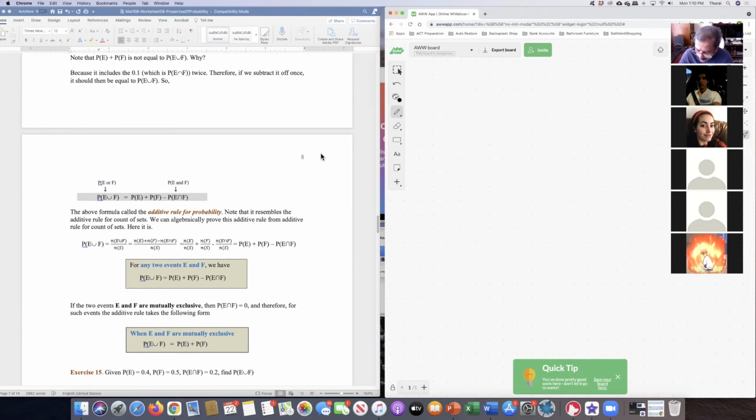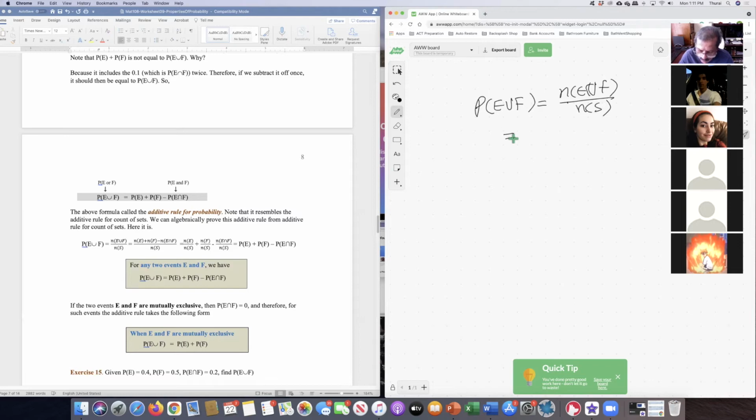The probability of E union F, I'm writing on the board now. Probability of E union F is defined to be count of E union F divided by count of sample space, right? But the count of E union F in the numerator, E and F are sets.